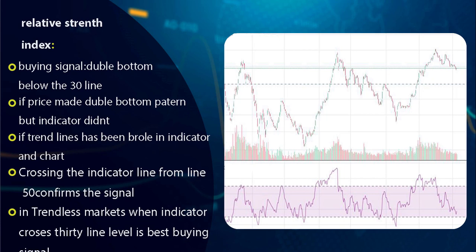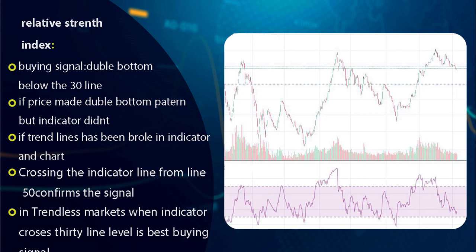Let's see when this indicator gives us a buying or selling signal. We have different situations where this indicator tells us it's time to buy or sell. Let's talk about buying signals, when RSI tells us okay, it's time to buy.